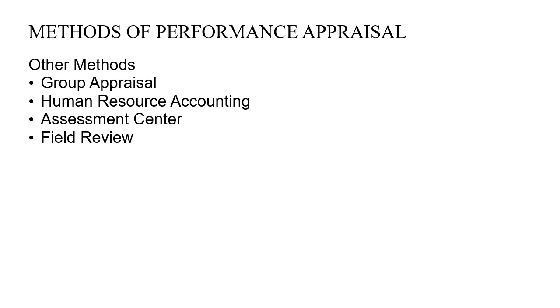Then we have the other methods, that is group appraisal, human resource accounting, assessment centers, and field reviews. So in total, we have 15 performance appraisal methods divided into three categories: individual evaluation method, multiple person evaluation method, and other methods.